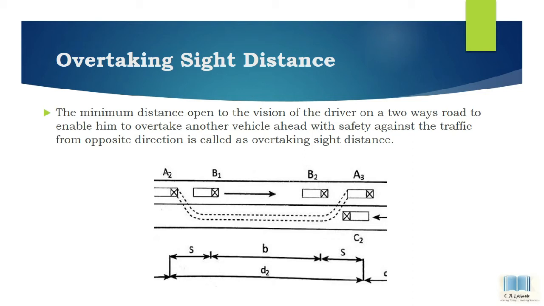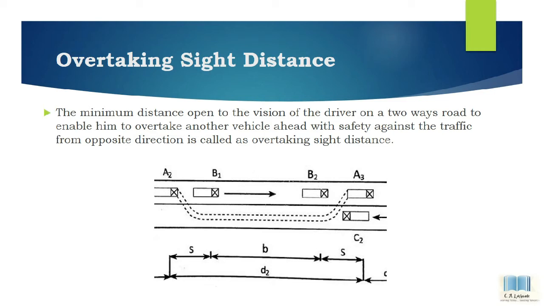Now see, this is the diagram of overtaking sight distance. Here we have vehicle A and vehicle B. Vehicle A has to overtake vehicle B. While overtaking vehicle B, the driver of vehicle A should be able to see clearly the road in front of vehicle B. Then the distance from vehicle A to the front of vehicle B is the overtaking sight distance.